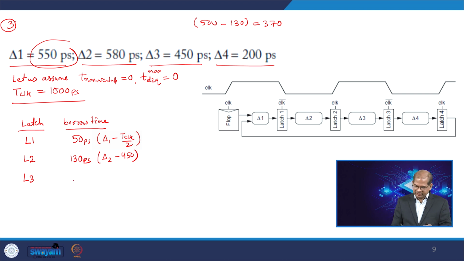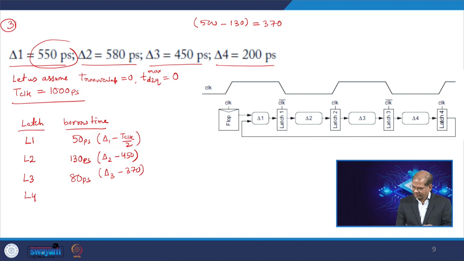So, now in the third stage it will be 450 minus 370, which is 80 picosecond.